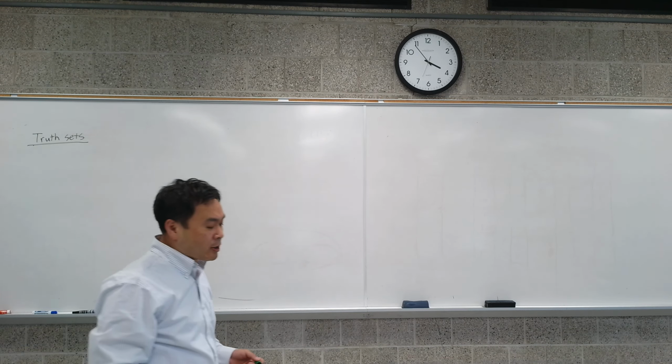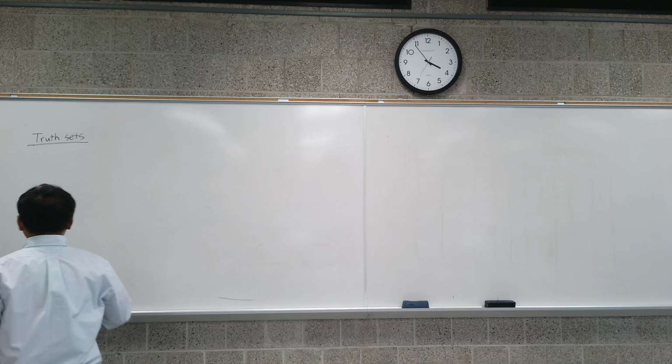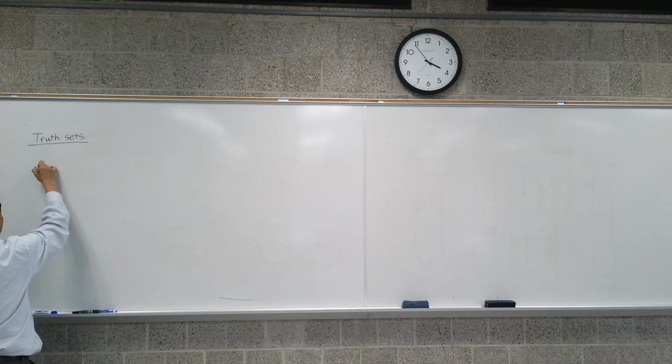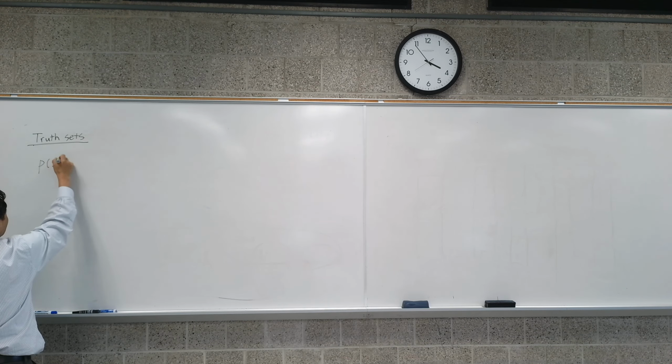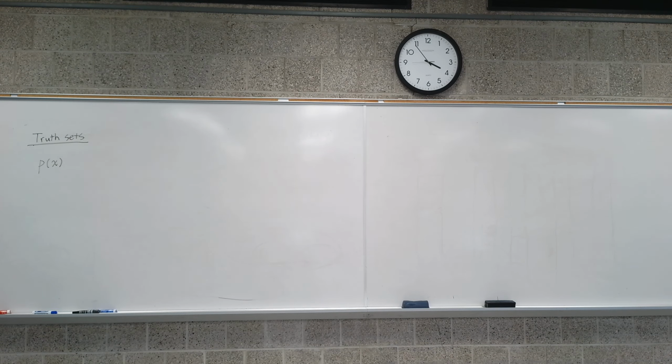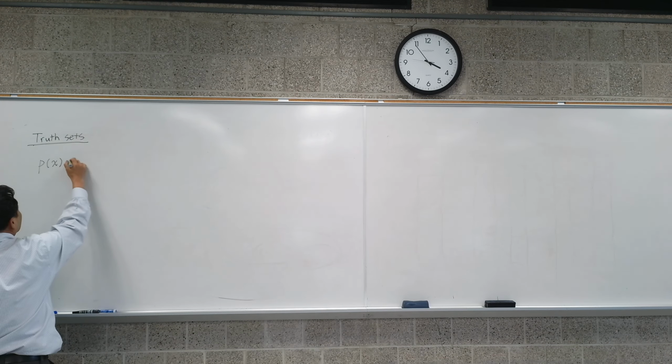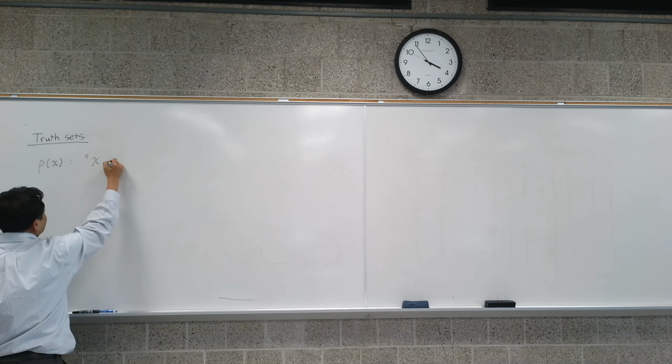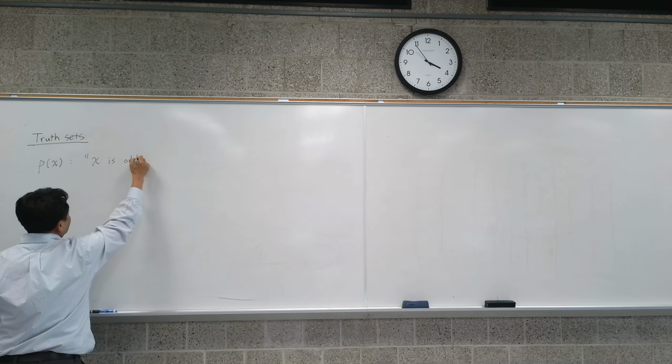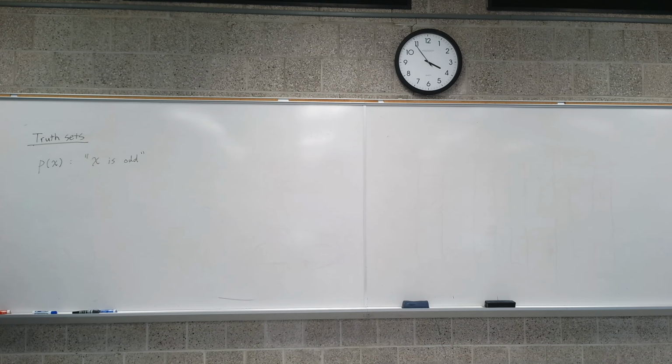Now, think about a case where your proposition P has a free variable. So here's an example: x is odd. When you have such a case, the truth value of this depends on which x you choose, right?